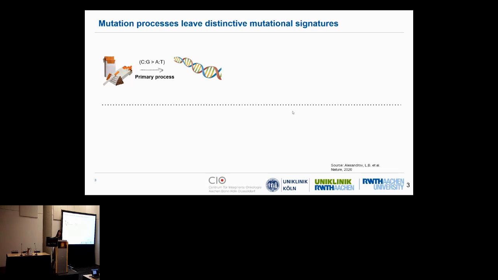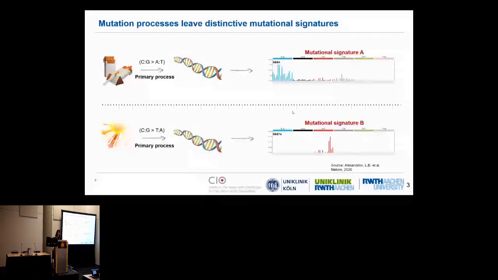Mutational signatures are a means of extracting these types of mutational patterns. And that's an example of a mutational signature. What's also relevant is that these mutational signatures are meant to be different depending on what the mutagenic process is. So they vary with mutagenic processes.